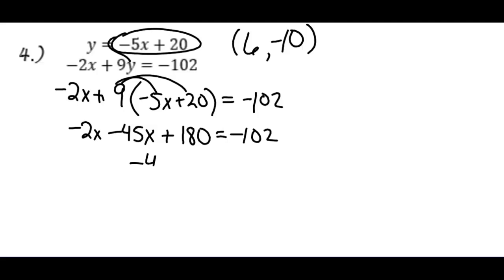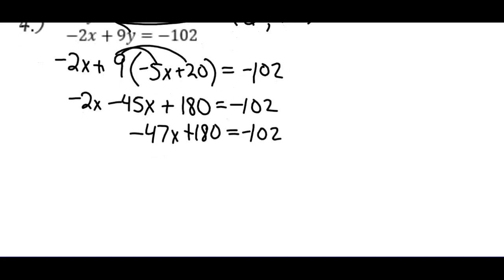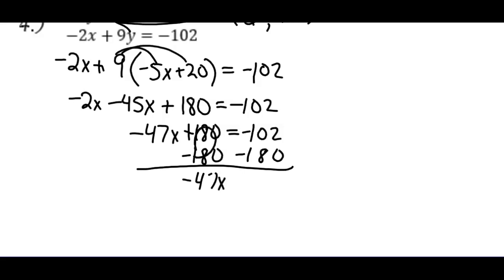So we get negative 47x plus my 180 equals negative 102. Okay? Have you found your error yet? Subtract 180. What do you get? So I've got negative 47x. That'll be 0. And I should get negative 282.